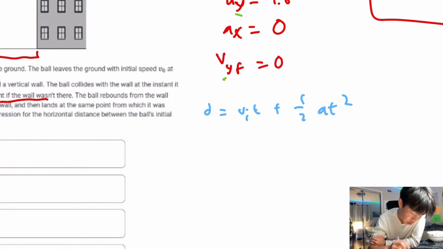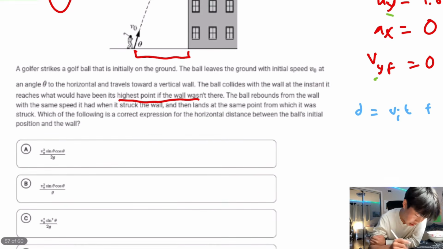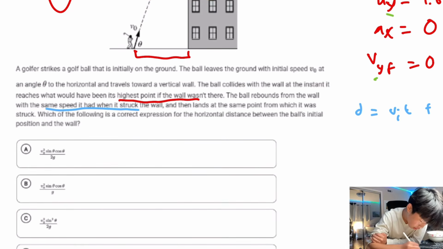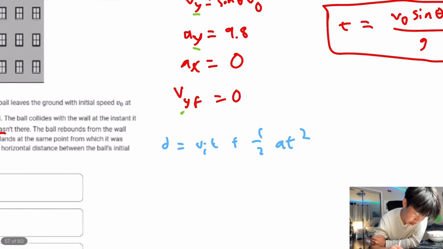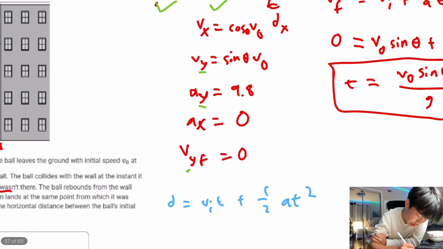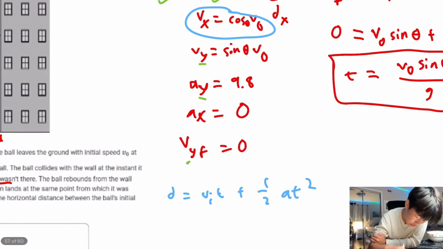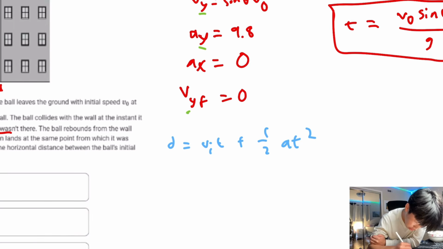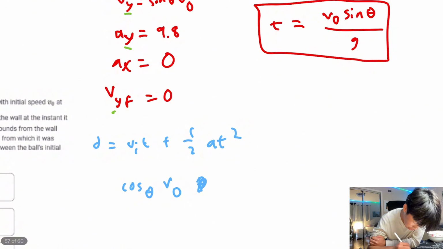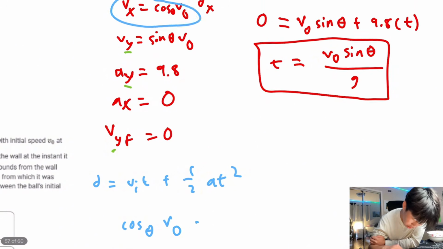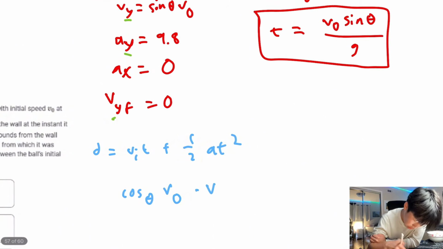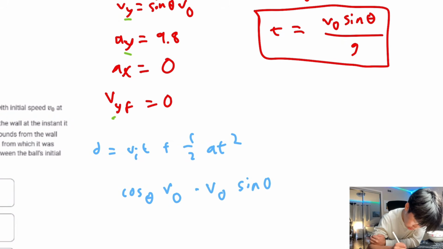It's the same speed at which it struck the wall, so it's still V0 cosine theta, times time, v0 sine theta over g, plus.